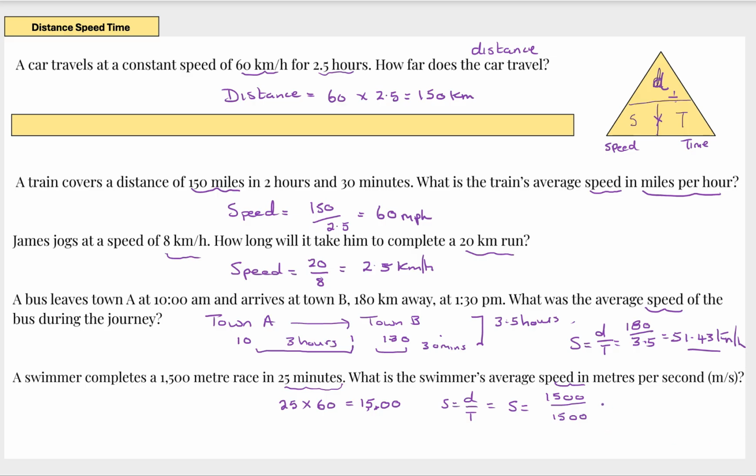So the answer is 1 metre per second. That's strange. 1 metre in 1 second. Yeah, actually, that could be done. That means it's quite fast. It would take me about 20 minutes to do 1 metre because I'm so unfit.